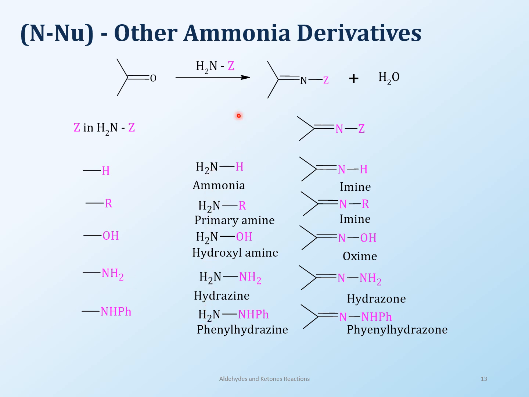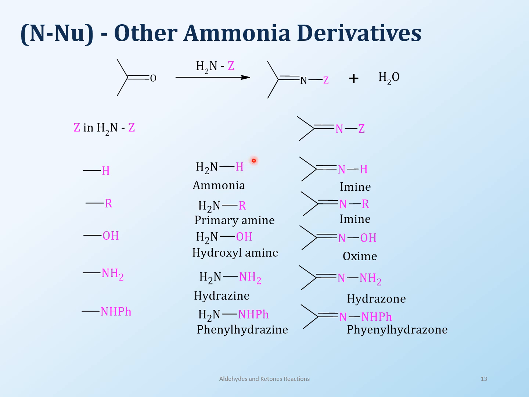What is different is the Z attachment. It can be hydrogen, any R group, OH, another NH2, whatever. It can be anything, and according to that, your products will change as well. You will always get rid of water. Where is that water coming from again? These two hydrogens. That's where it's coming from.